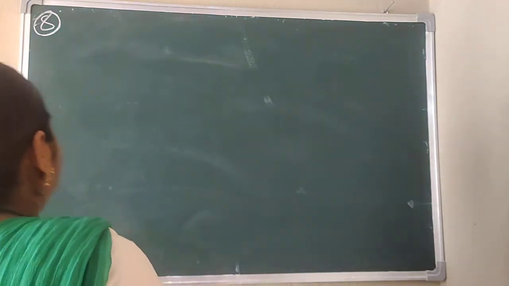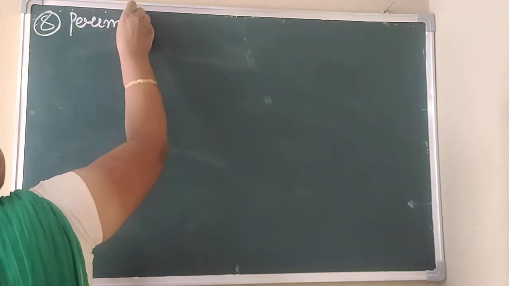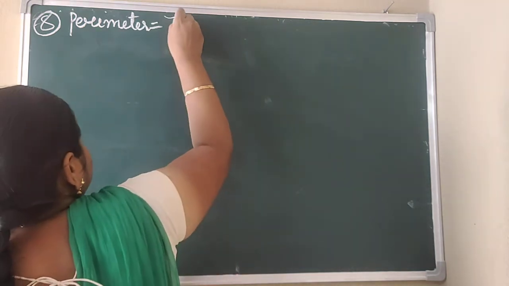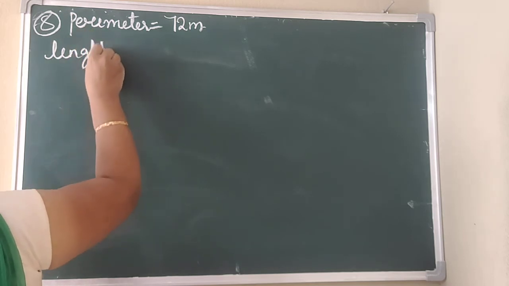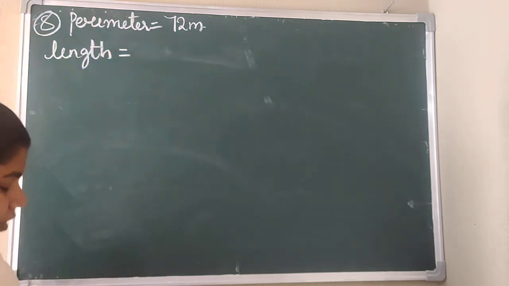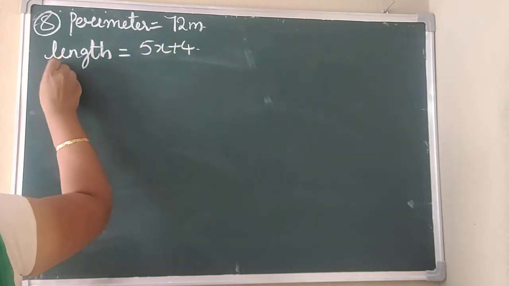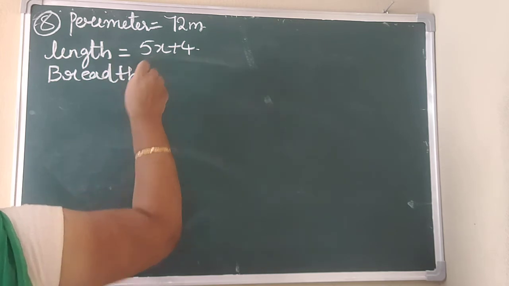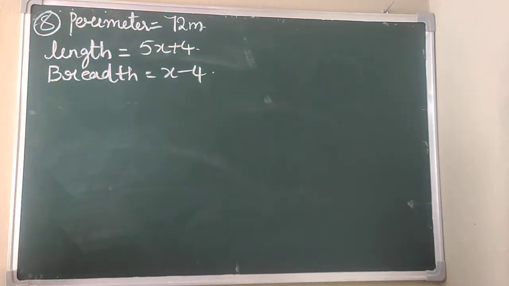So here perimeter they have given as 72 meters. Length value they have given as 5x plus 4. Breadth value is x minus 4.